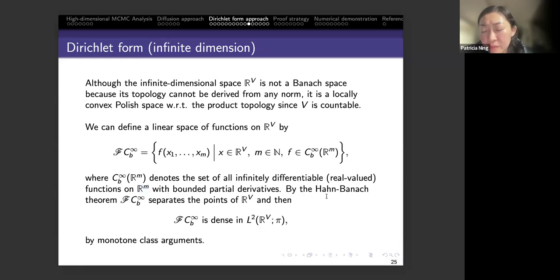By the Hahn-Banach theorem, this family of functions separates the points of R^V. R^V is a Polish space. Then this family of functions is dense in L2(R^V, π) by the monotone class argument.